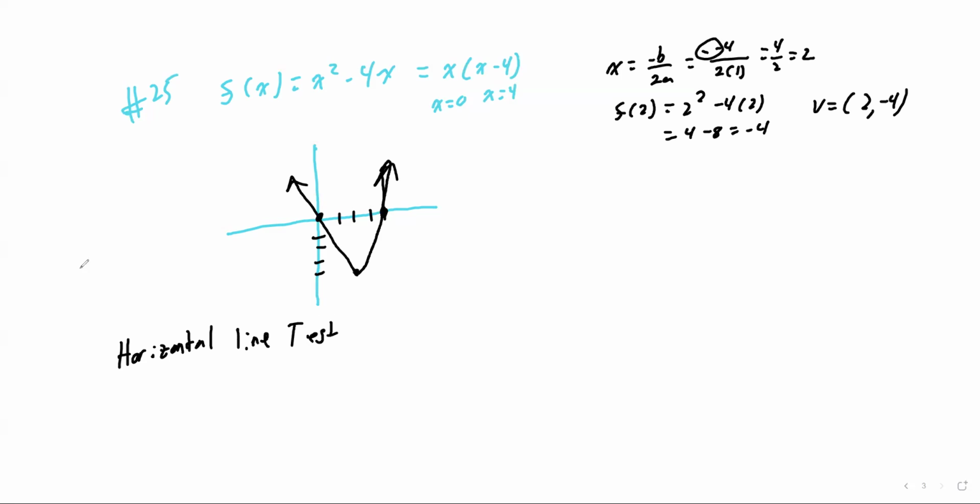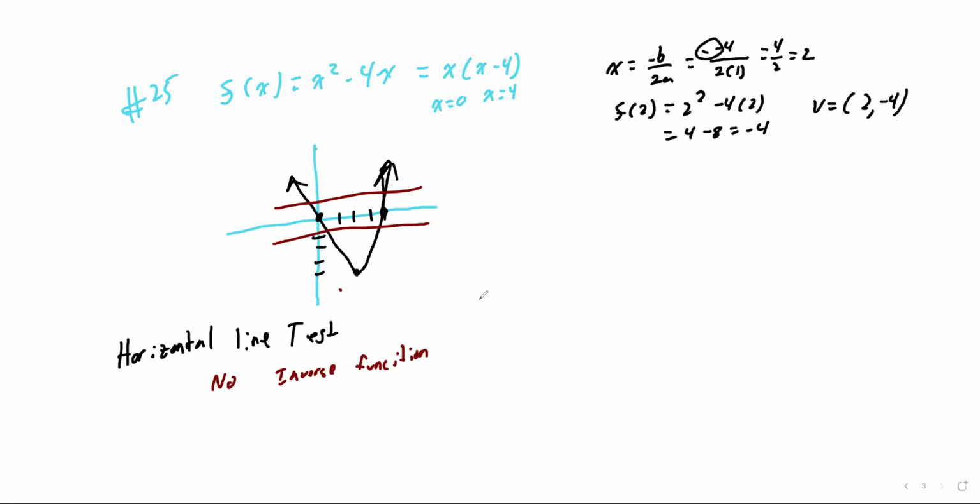For the horizontal line test, am I able to draw lines in which it only crosses once horizontally? In this case, no. So I guess in this case, there is no inverse function, right, because it fails the horizontal line test.